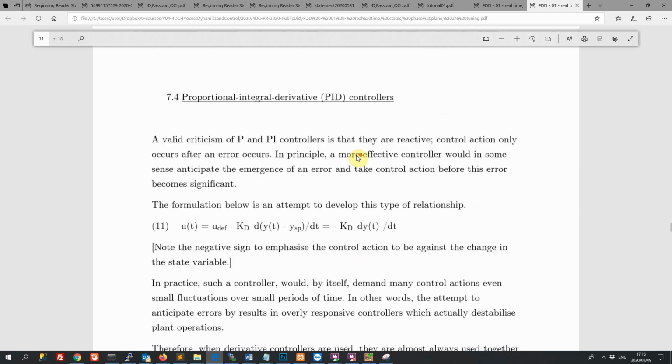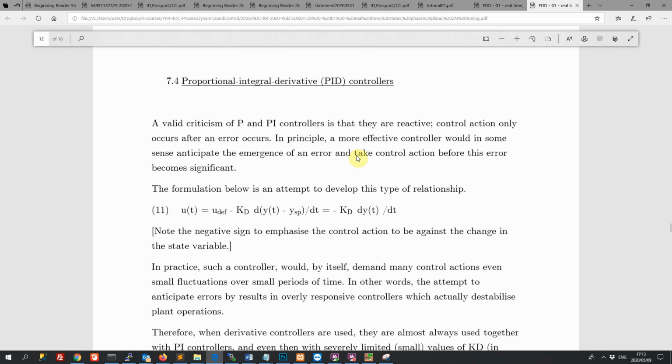And then we can think, well, instead of waiting for error to accumulate in the system, what if I look at how the error is changing? So if the error is increasing, then I can extrapolate and say, well, the error seems to be increasing. I'd better take control action to mitigate that.